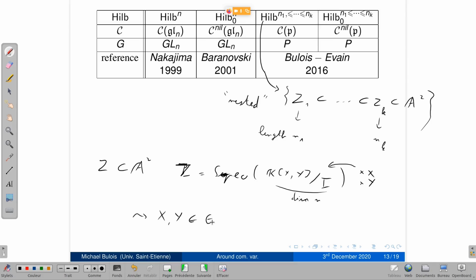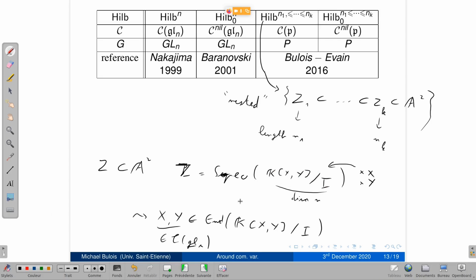You can see these elements as endomorphisms of this n-dimensional space, and those two elements commute because this is only commutative algebra at this level. So you get an element in the commuting variety.